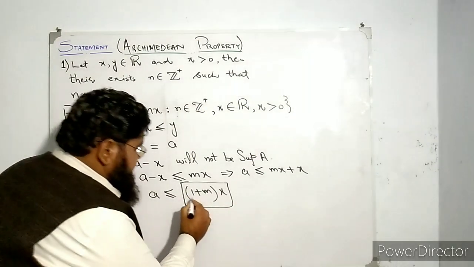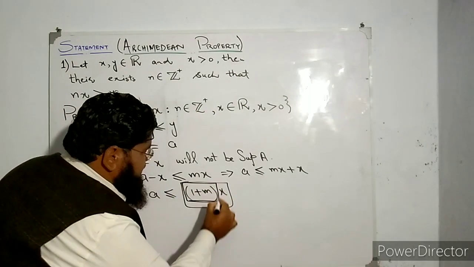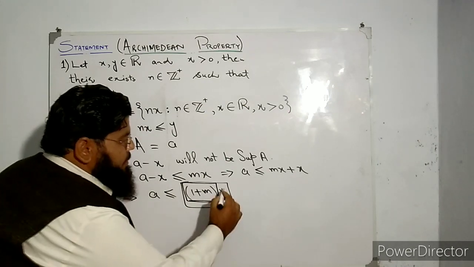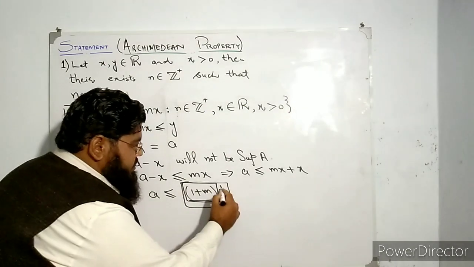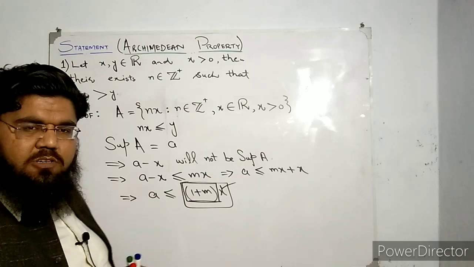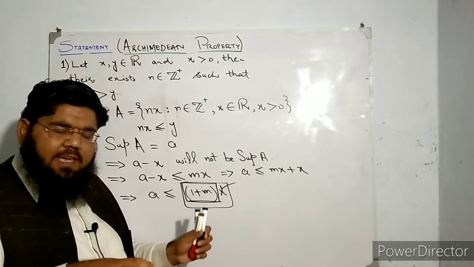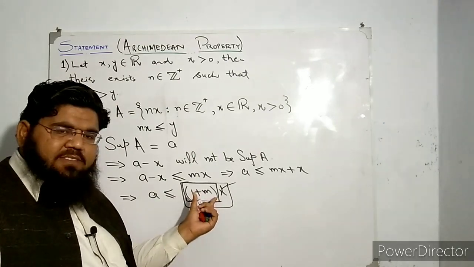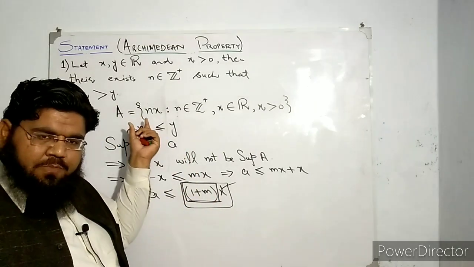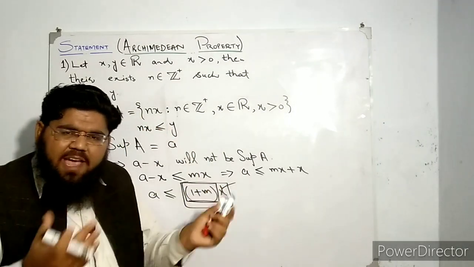So this number is a positive integer, and it is being multiplied with a real number x, which is also positive. So finally we are at the stage when we can say that this number is actually from the set A.